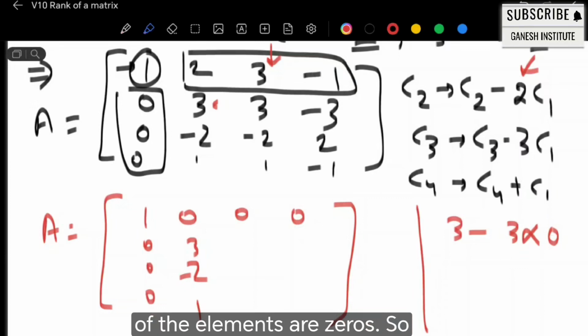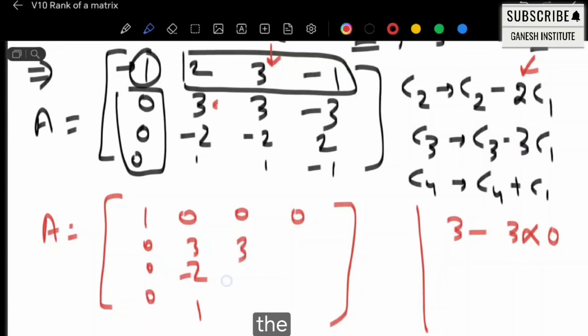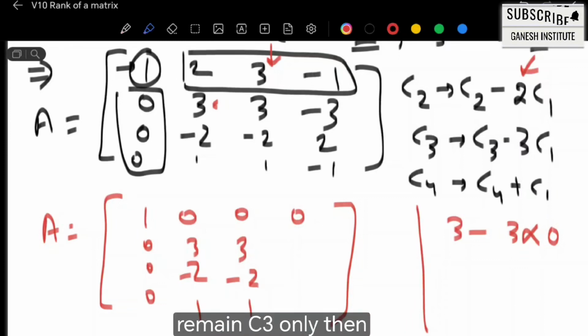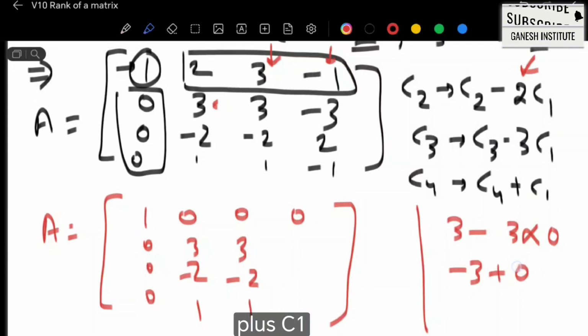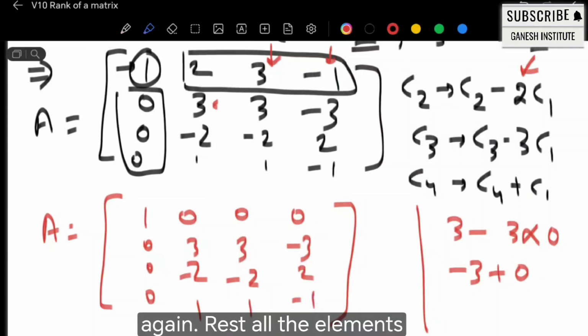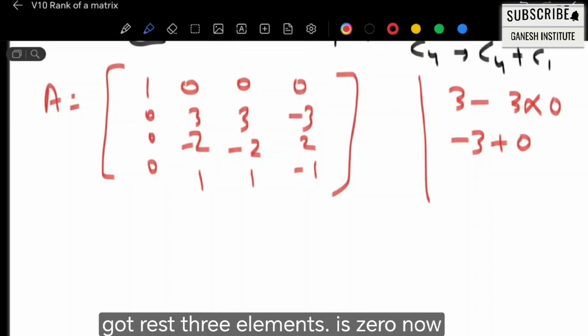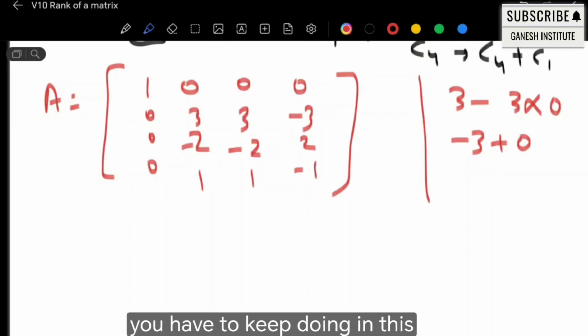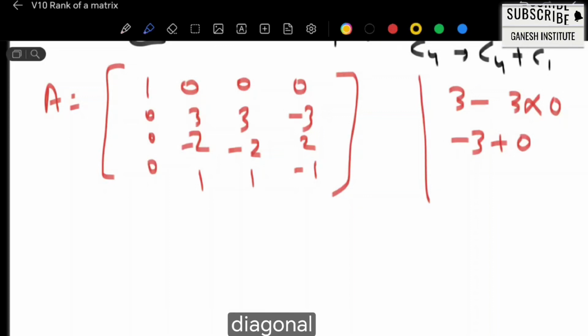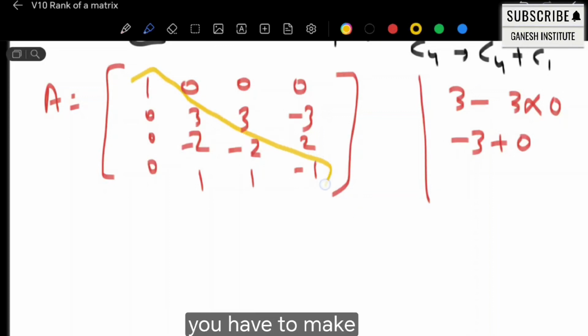Again, the rest of the elements in C1 are zeros, so C3 will remain C3 only. Then C4 plus C1. Again, all the rest of the elements are zeros. Okay. So you have got the rest of the 3 elements as 0. Now you have to keep doing in this manner. Just make sure that the leading diagonal elements you make 1.